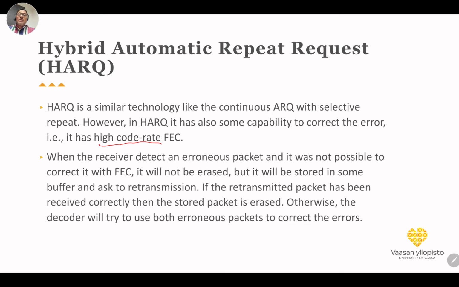At the same time, we have the ability to request the retransmission, but every time we request the retransmission, it is possible to distribute these FEC packets between them, so we increase the capability of the receiver to decode the correct code from two consequent retransmissions of the same packet.